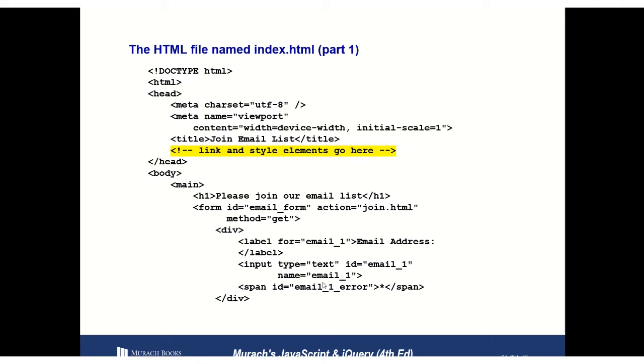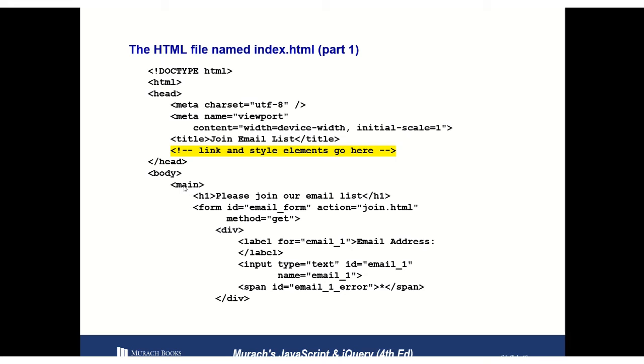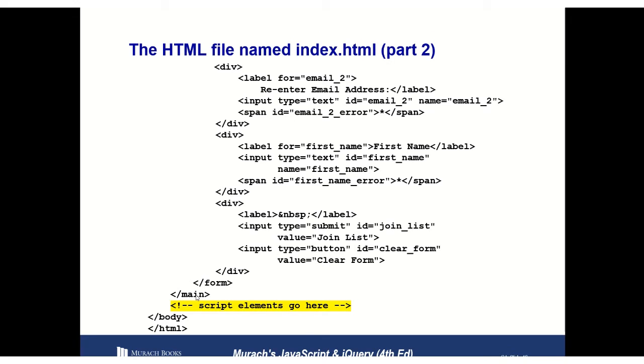So our simple HTML has the doctype specification. It starts with an HTML element, then inside that you have head, you have body, and inside the body you see the main element, which is an HTML5 element, and at the end of the main element your script, JavaScript, will go there, and then you end the body element and the HTML page is just completed.